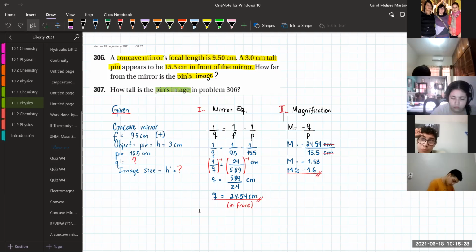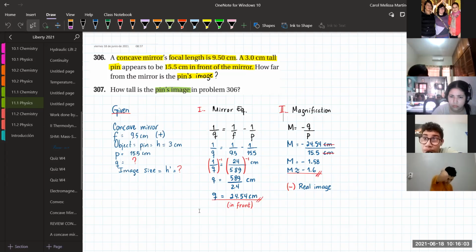About the magnification, we can say the negative indicates what type of image, virtual or real. Real image. Real image means that we can see it, okay? That it will appear to us to be like a real something, but it's just a reflection, okay?